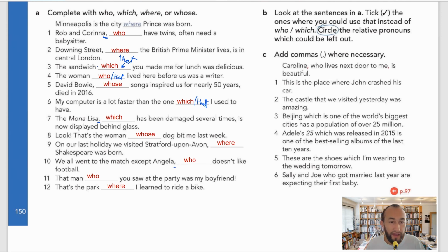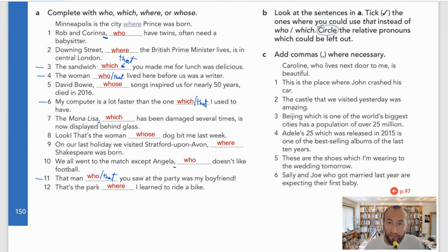Cannot replace with that. 11, that man who you saw, that you saw. Yes, it works, right? And that's the park where. So where can't be replaced by that. Okay, guys. So again, number 3, that's good, and number 4, that's good. Number 6, yep. And then we got here 11. So 4 of them we can replace with that.